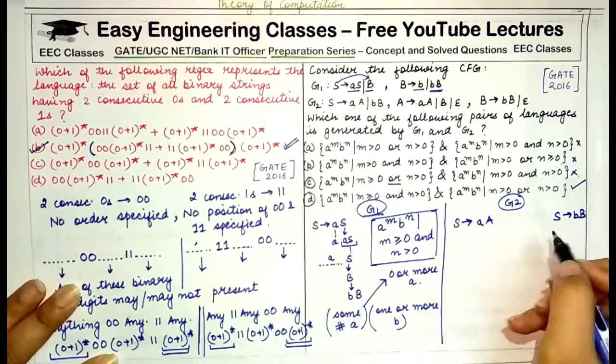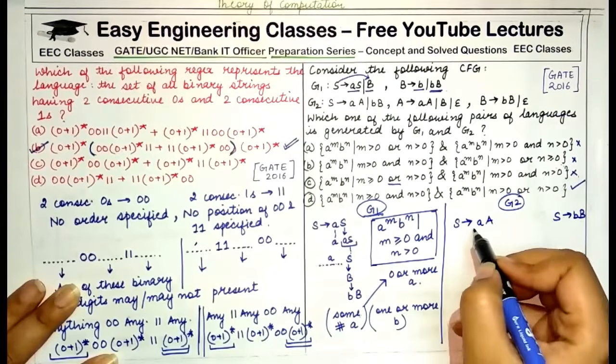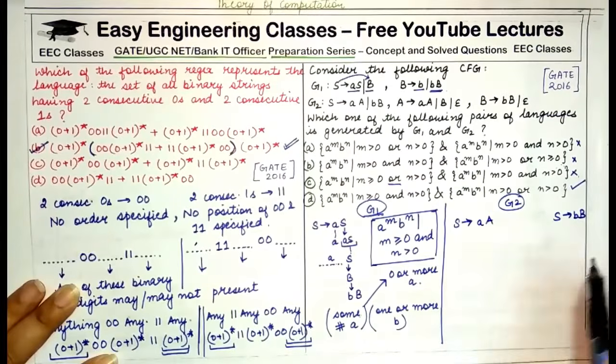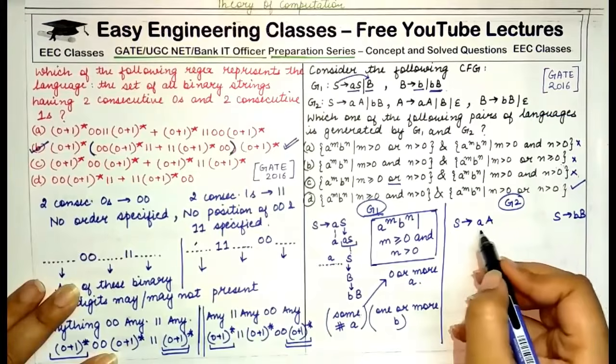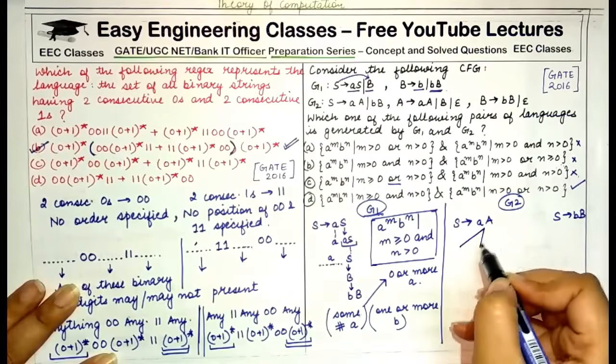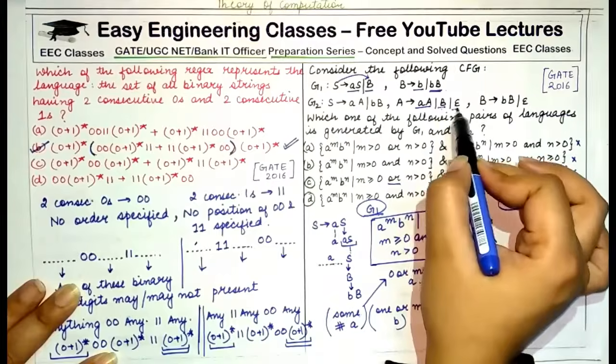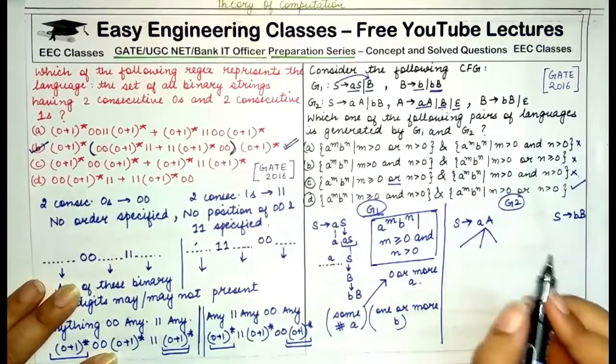So it is very clear that in any case you have to start either with an A or with a B. There is no way in which you can generate a null here. If you start with an A and you now replace this non-terminal A, you have three options: small a, capital B and epsilon or lambda string.